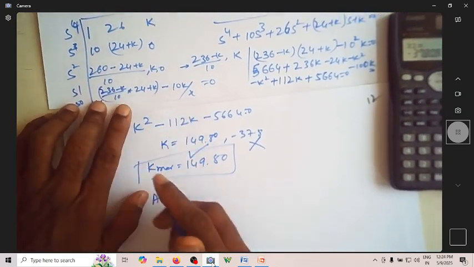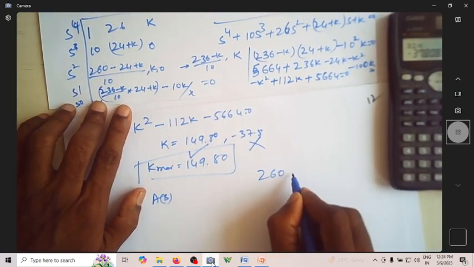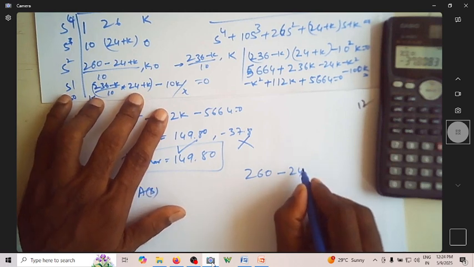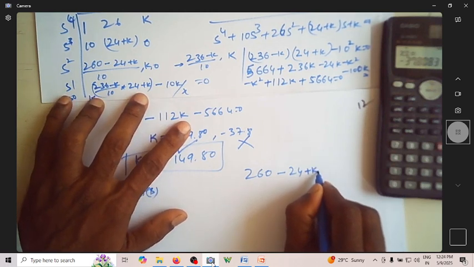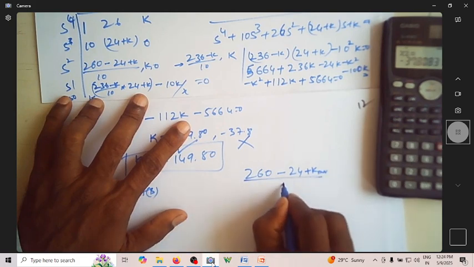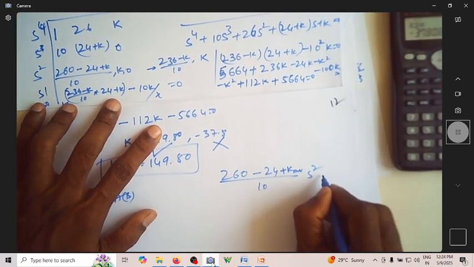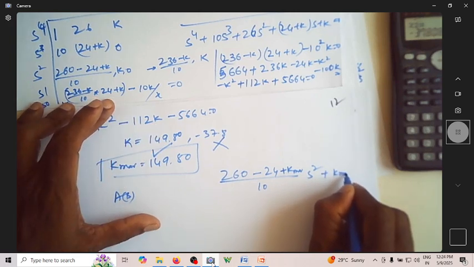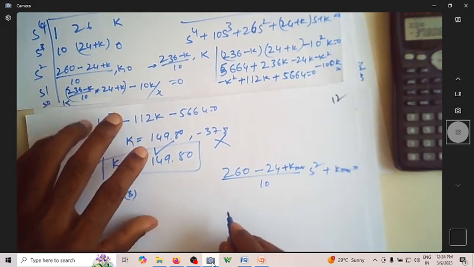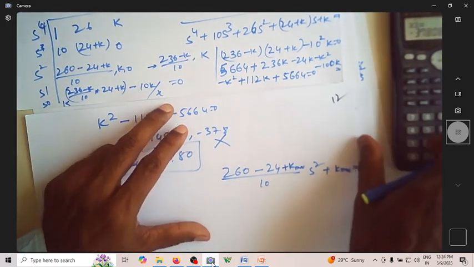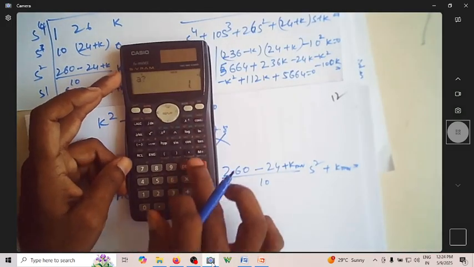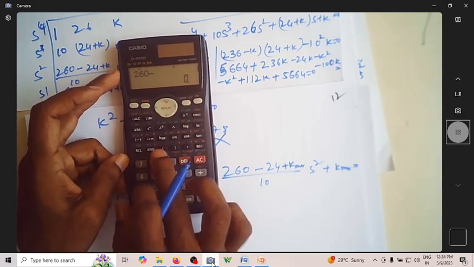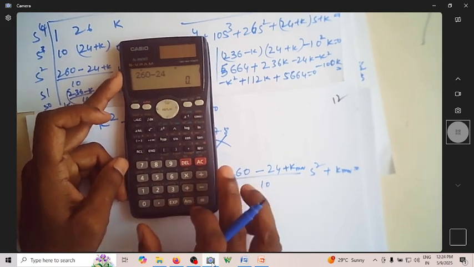This is the equation we are looking at: 260 minus 24 plus k marginal divided by 10, s square plus k marginal equal to 0. So what is this now?